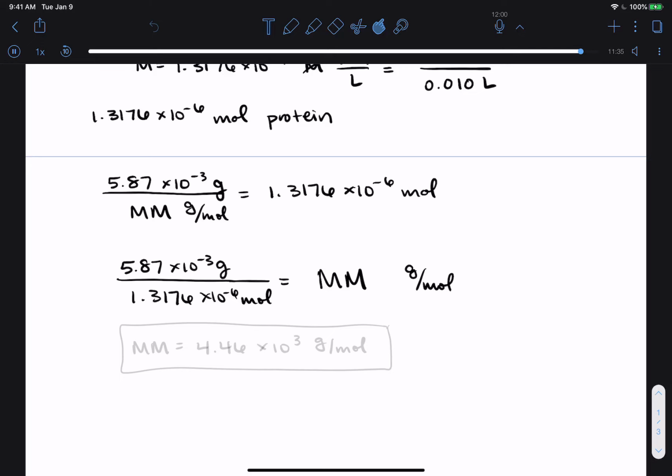Now, in either case, when you do this calculation, the molar mass is equal to 4.46 times 10 to the third grams per mole. Now, this is a really big number, but that makes sense because proteins are really big molecules. So getting a large value for your molar mass here is a good thing.